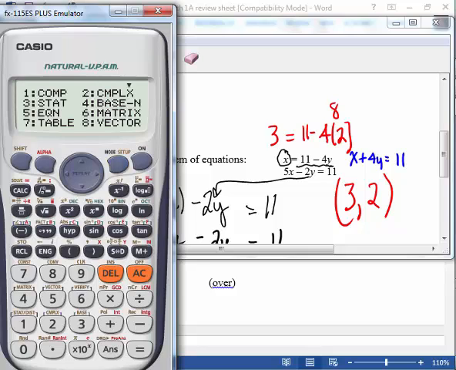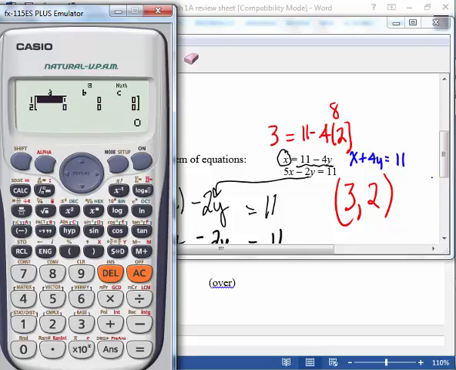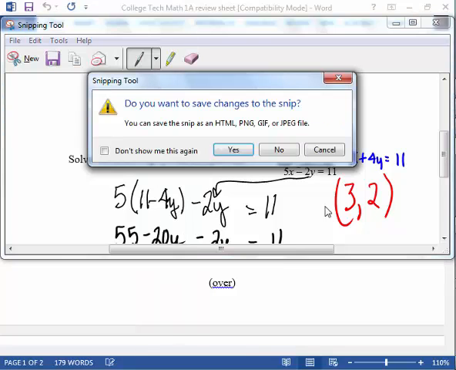Mode, let's see here, equations, number 5, system of equations, number 1, and our first equation is 1, 4, 11, and then 5, negative 2, 11, and we get x is 3 and y is 2, which is what we got doing it the other way. Next one.